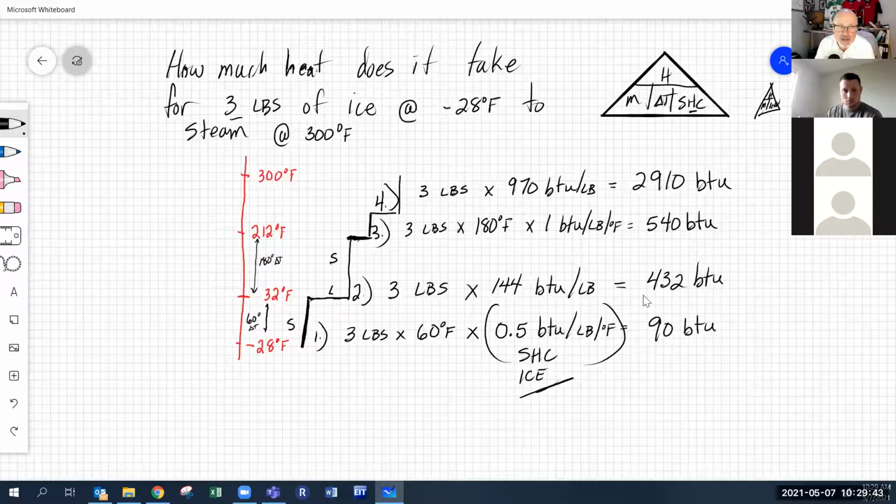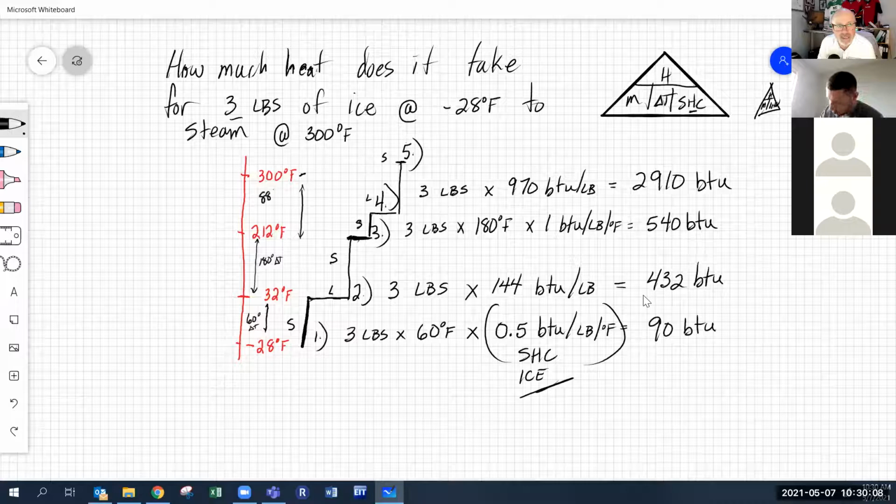I'm going to raise the temperature of that steam to 300 degrees. So I'm going to call this number 5, step 5, where this is a sensible heat. So this is, again, sensible, latent, and this is sensible. I am going to raise the temperature of that steam from 212 to 300.